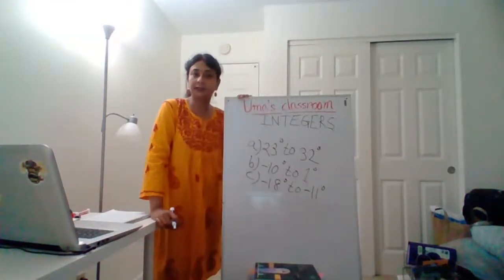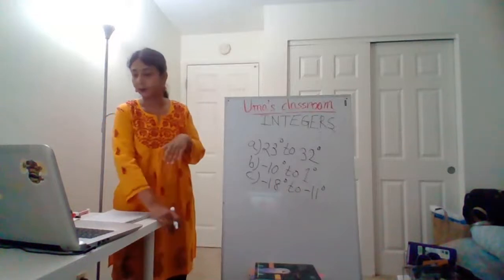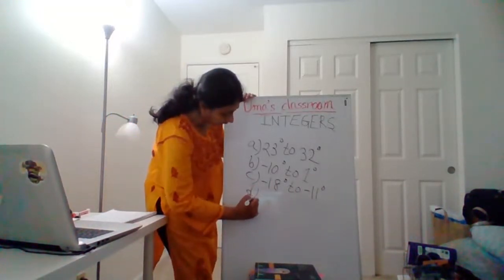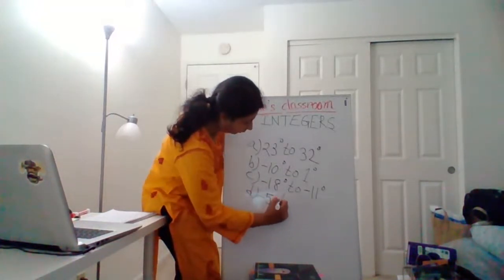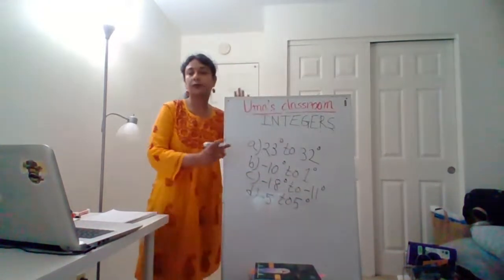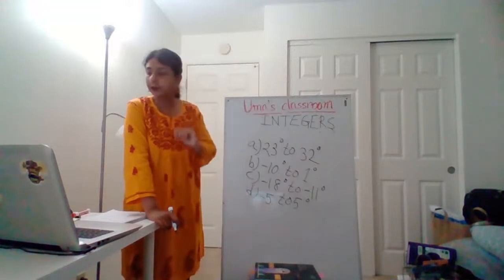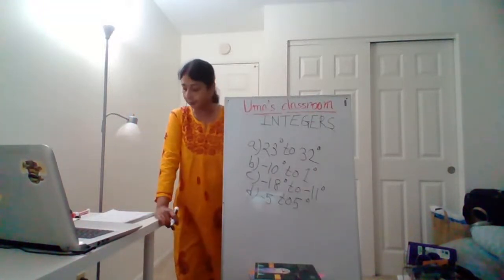Centigrade, Fahrenheit doesn't matter over here. You are going to get the difference only. And the option D, last one is -5 to 5. So get the difference for all the temperature ranges and find out which one is bigger.